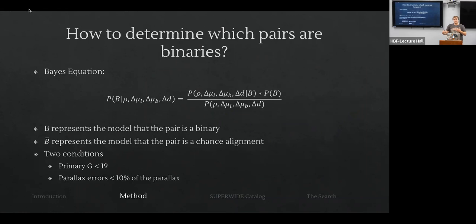So what we do in the end is we have this giant Bayes equation, basically incorporating the angular separations, the proper motion differences, and the distance differences. And when we calculate the probabilities for each star, we have two conditions. We require that the primary G magnitude be brighter than 19, and that the parallax errors be less than 10% of the parallax.